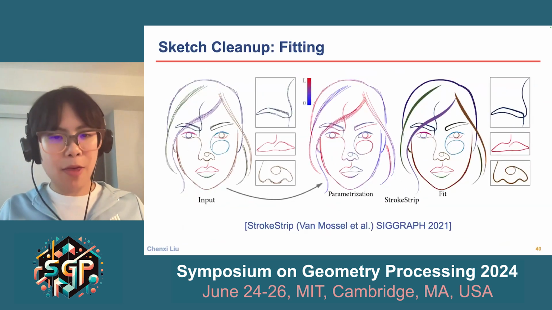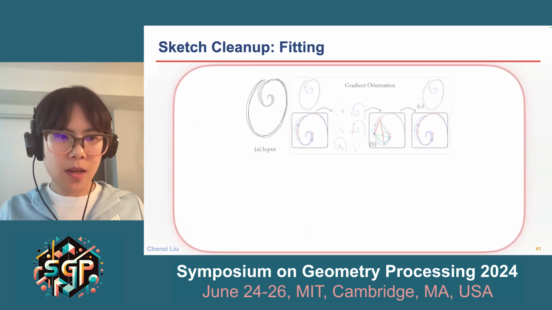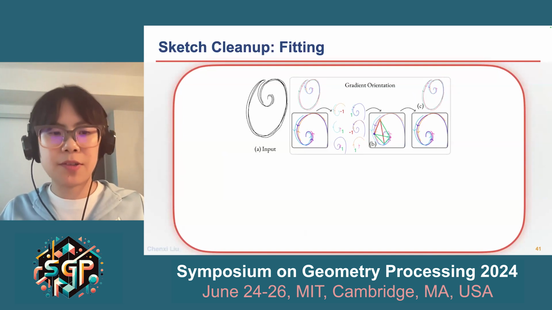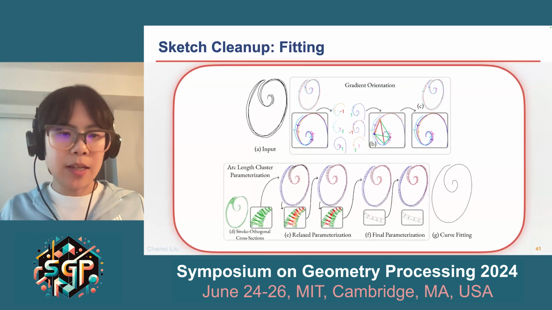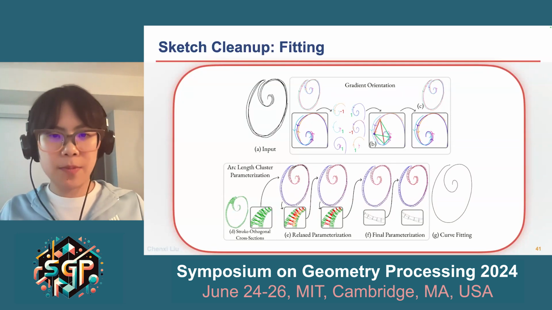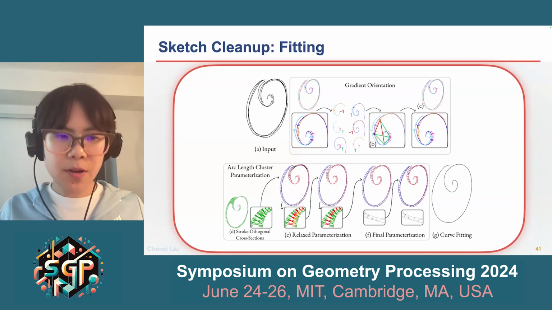StrokeStrip is a method designed specifically for fitting strokes given the clustering. It first orients input directed strokes in a similar fashion as normal orientation for surface reconstruction. Then it iteratively parameterizes the strokes based on tangent alignment and an energy term, which was mentioned in the previous part.